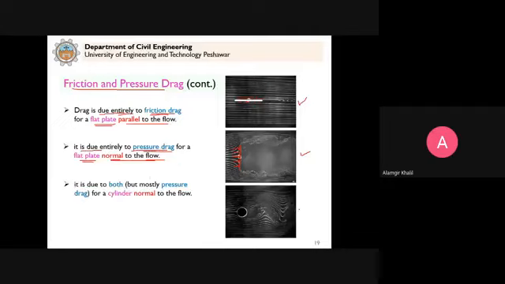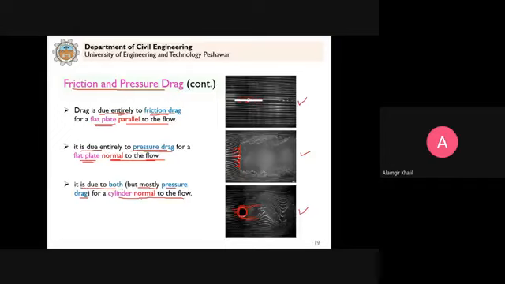And if we consider a cylinder, this is now a cylinder which is placed in this flow. So it is due to both, but mostly pressure drag for a cylinder normal to the flow. So in this case you can see here that from the front it will hit this, and also at the surface as it passes and moves in this direction. Clear?